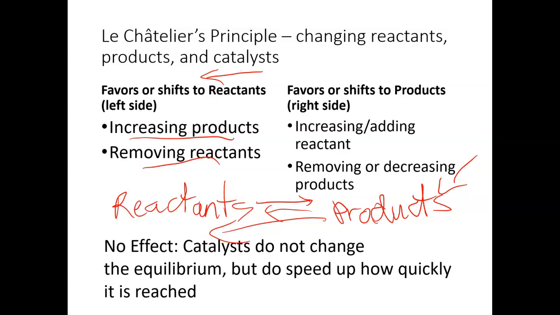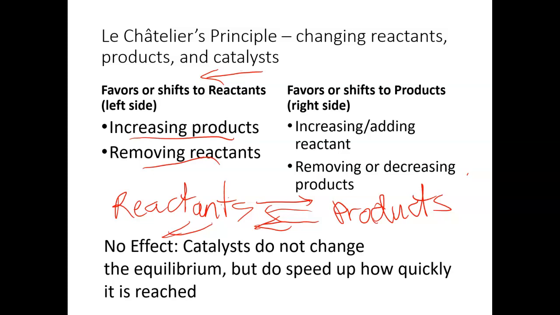If I remove reactants, if I take some of these away, then I'm going to need the products to react backwards and become reactants to replace them. So you can think about this as a bit of a teeter-totter.